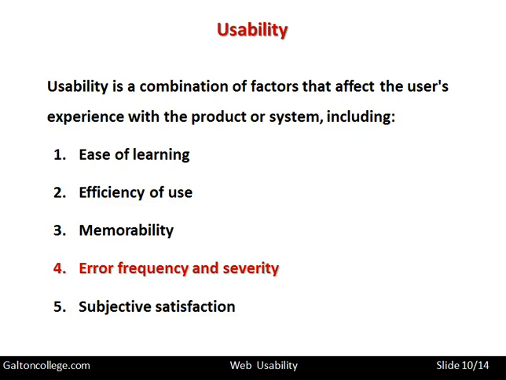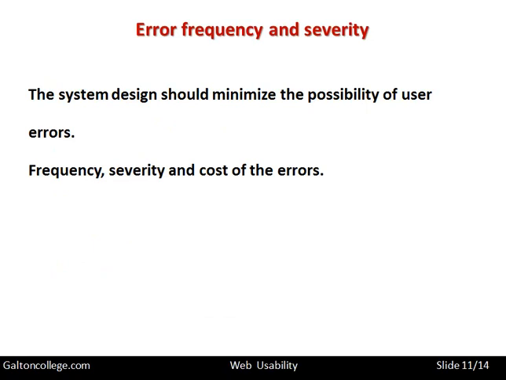Error frequency and severity. Well, the system design should minimize the possibility of user errors. The site should be designed in a way that it makes it difficult to make errors. When the user clicks on a link, it goes to the page that was promised.